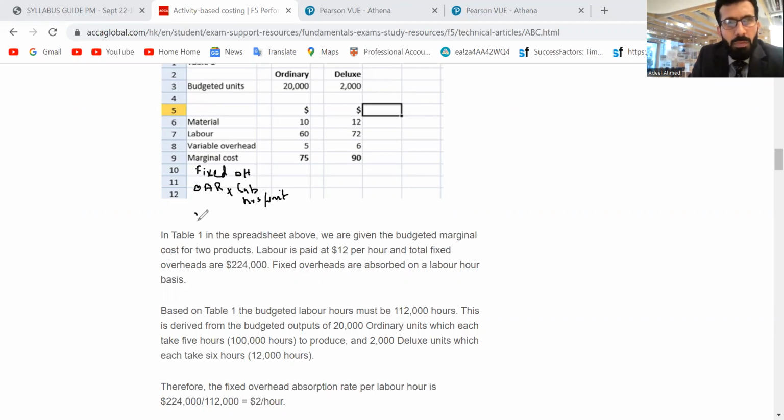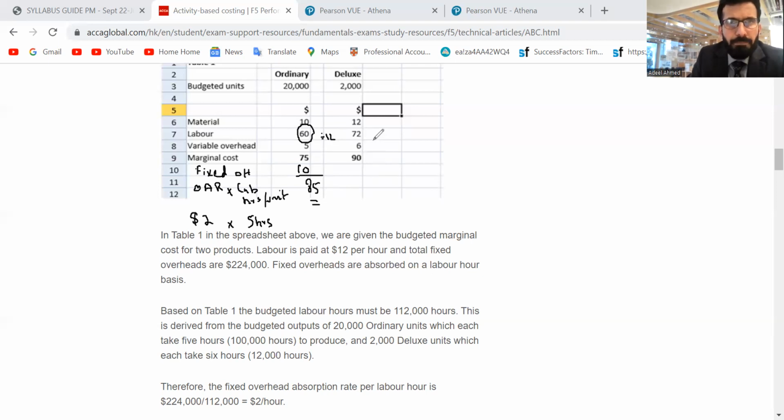The overhead absorption rate calculated is 2 per hour, and we calculated the labor hours per unit using the labor rate of 12. So 5 hours are required to make 1 unit of product ordinary, which means the overhead cost per unit for ordinary would be 10. If I add it all up, the full production cost of product ordinary would turn out to be 85.